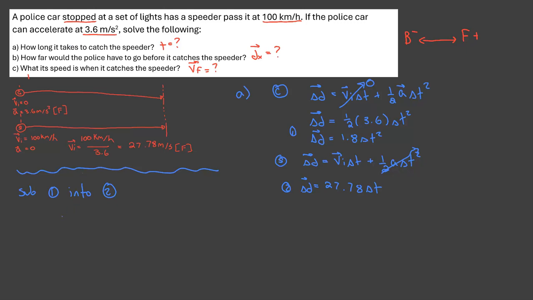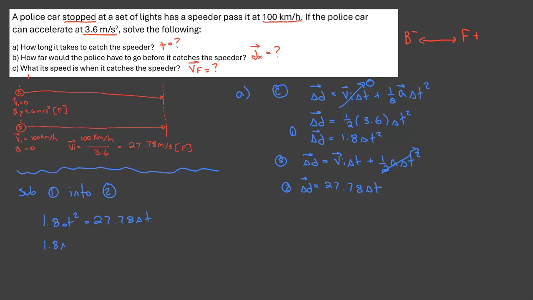So I'm just going to plug 1.8 times t squared into here. So I'll have 1.8 times my time squared equals 27.78 delta t. I'll move this over and set the whole equation equal to 0.